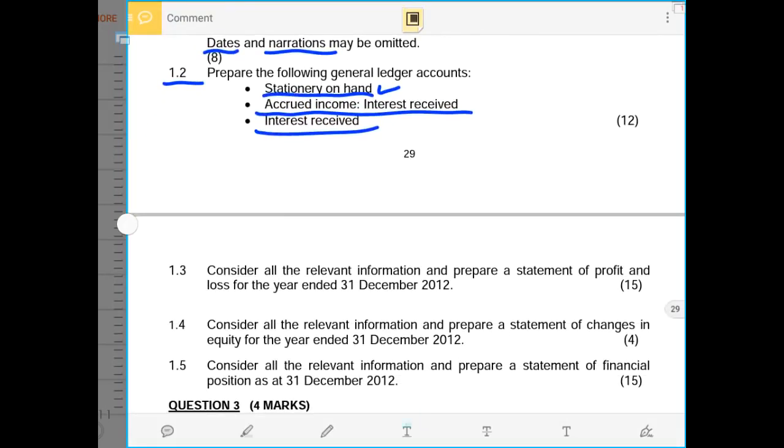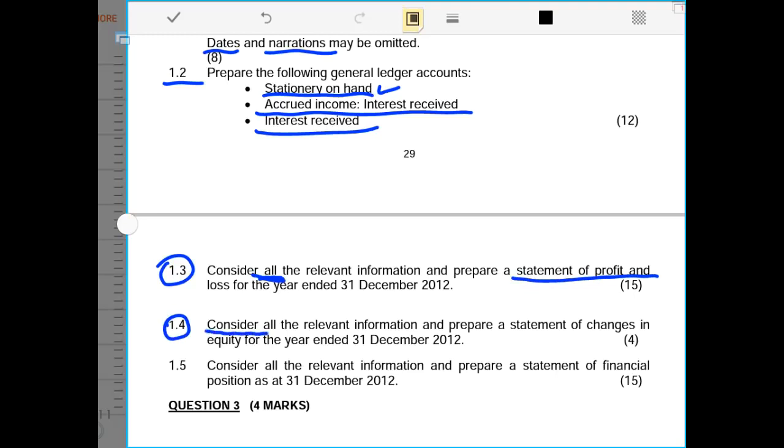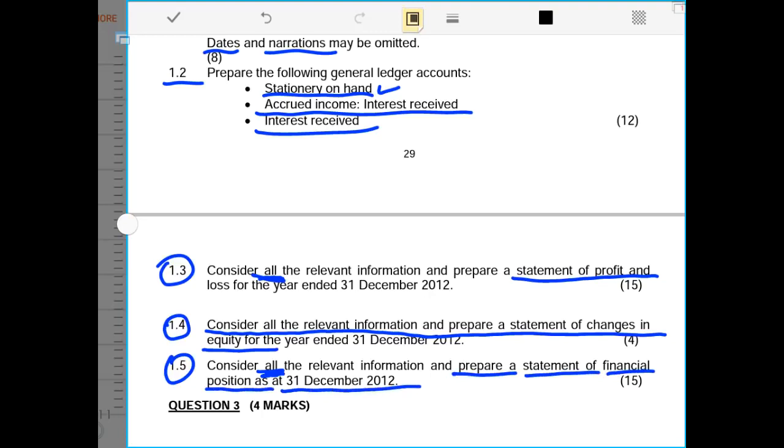Then after, we are required again to do 1.3, where we have to consider all the relevant information and prepare the statement of profit and loss. Then also consider all the relevant information to prepare the statement of changes in equity. Then after, also consider all the relevant information and prepare the statement of financial position as at 31st of December 2012.